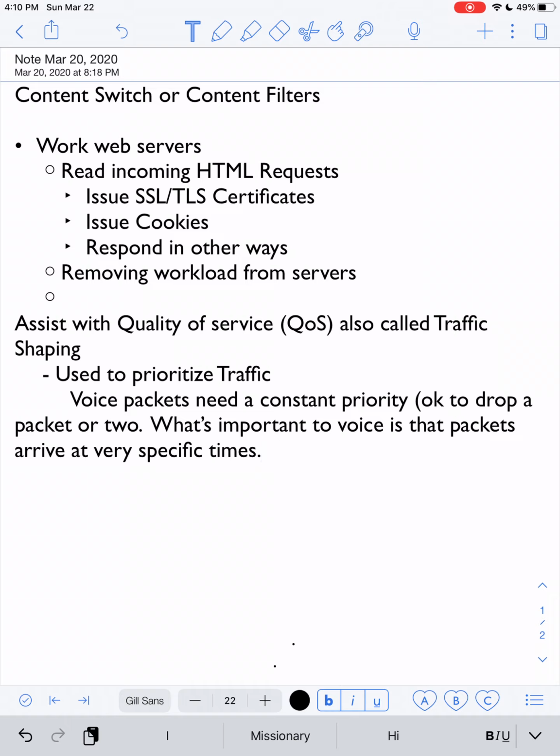So again, it's very important that voice traffic gets there at very, very specific times. It keeps the voice quality up. Again, keep in mind, within voice, we can drop a packet or two, people aren't going to care too much.